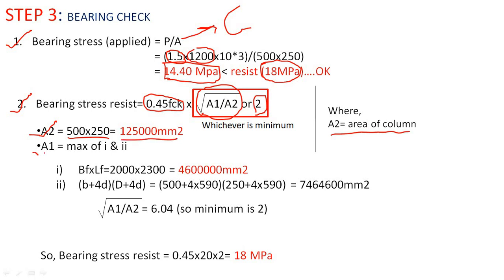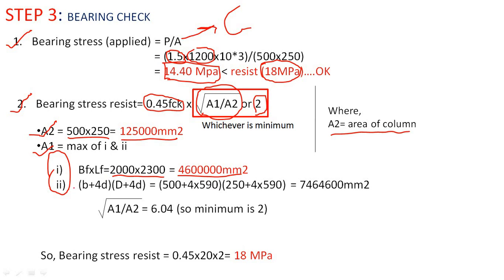Now we will find the value of A1. So for the value of A1, it will be the maximum of 1 and 2, which means this. So in this case the 1 is the size of the footing, which is 2000 into 2300. So we have found the value as 360000 mm square.